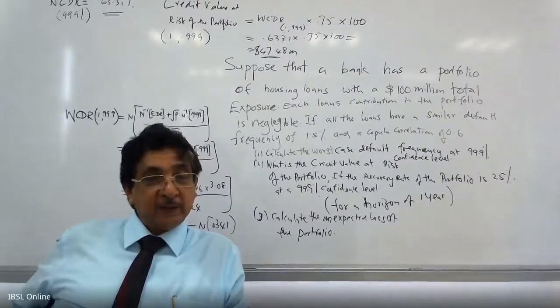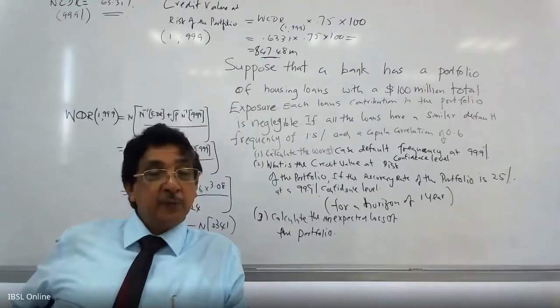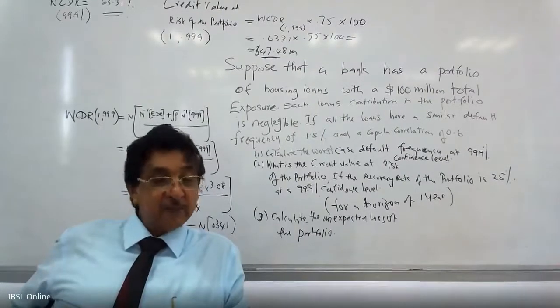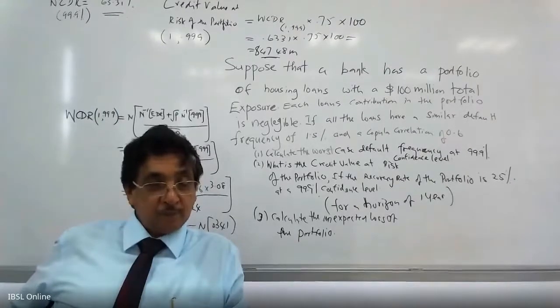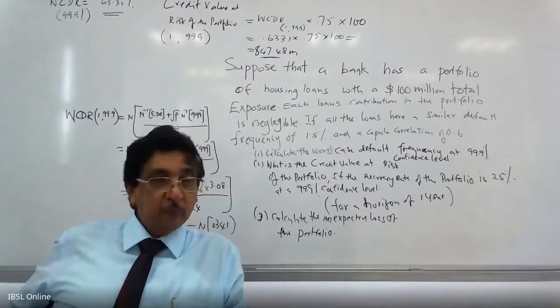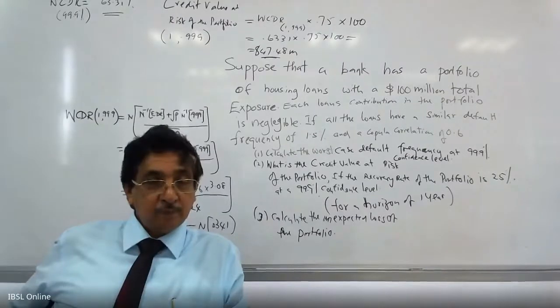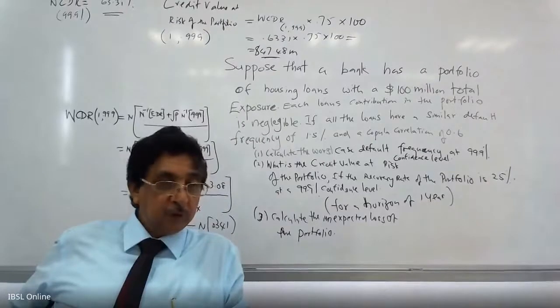Then what is the unexpected loss? It is 47.48 minus 1.125. That is the unexpected loss. Right.